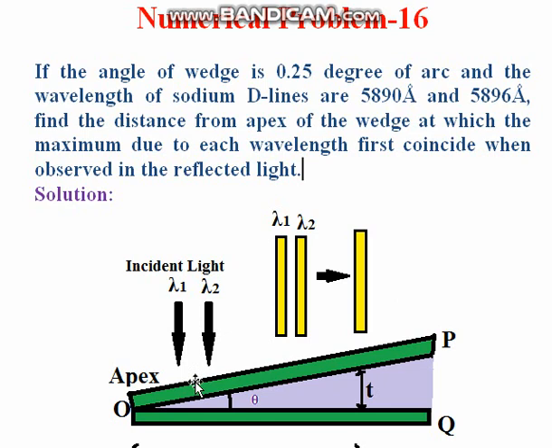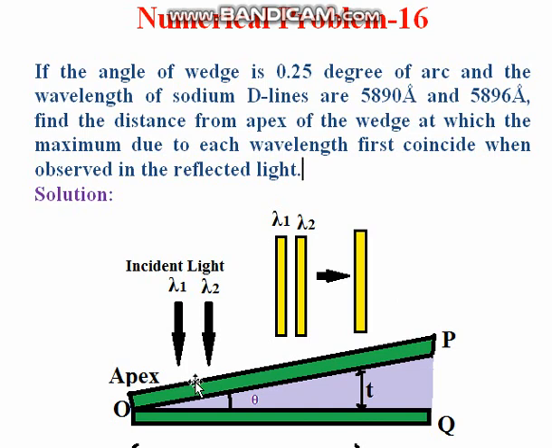What will happen? For each wavelength there is one interference fringe pattern. So basically we obtain two patterns, one for lambda 1 and the other for lambda 2, and when we observe, we see the resultant pattern of these two wavelengths.